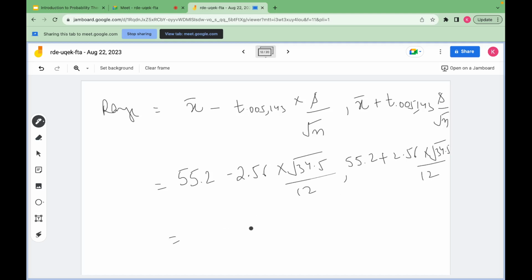So this range will come out to be 53.94 to 56.46. Or you can just check these values, okay, because earlier I had taken this as 2.58. At that time my value came out to be 2.58. At this time it came out to be 2.56. So you can check, these can be slightly different.